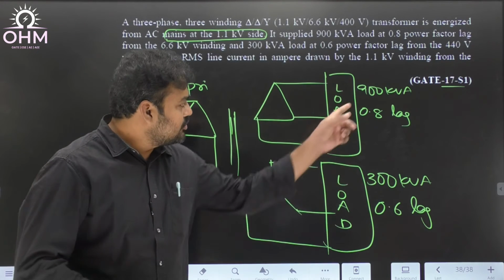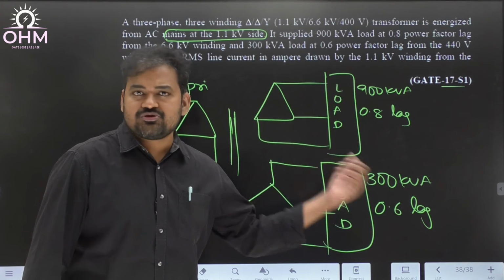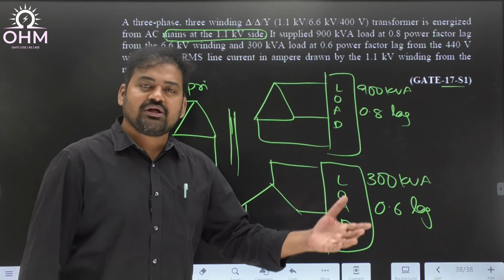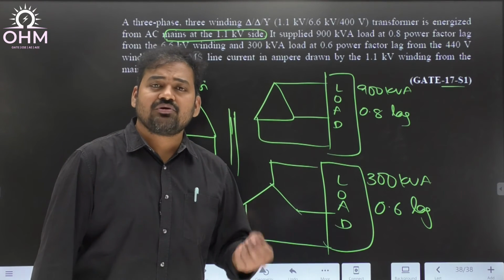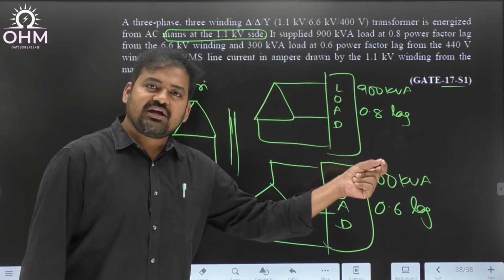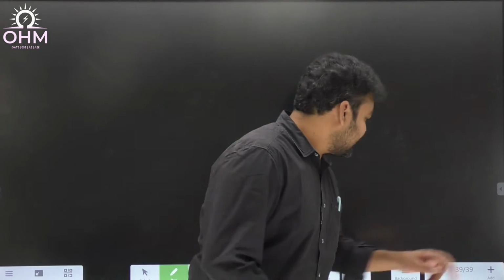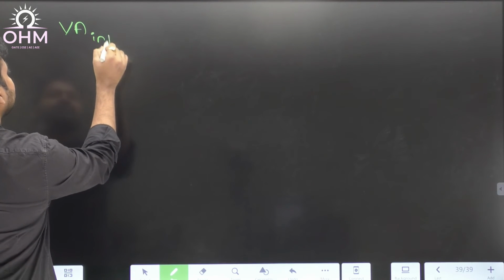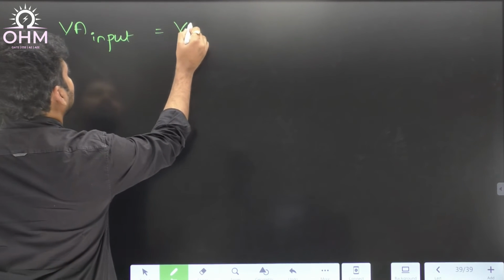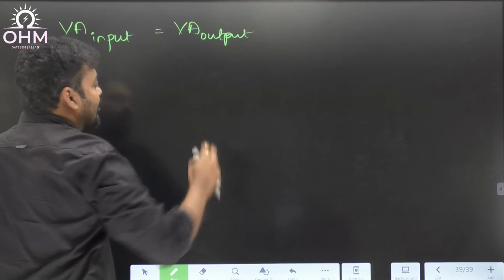As there are two loads available, I can simply apply the superposition theorem. Therefore the total demand will be equal to the sum of the two loads. And we know in a transformer, output volt ampere power and input volt ampere power are equal. So I can write input volt ampere power is equal to output volt ampere power. But there are two loads.